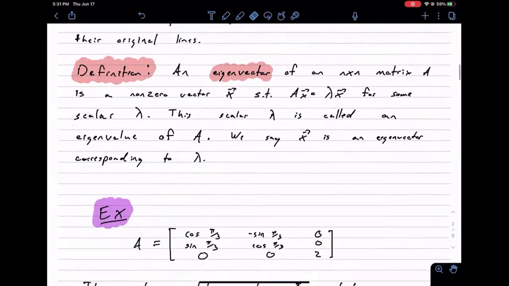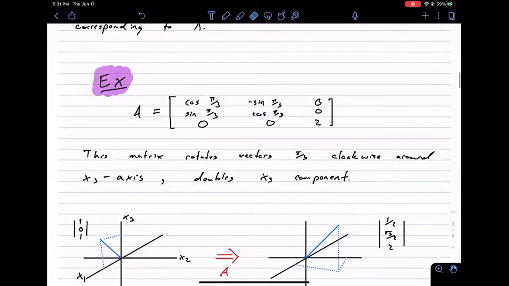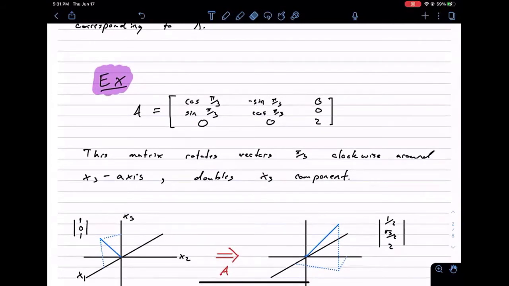So this is an example of a matrix with an eigenvalue: cosine of pi over 3, negative sine pi over 3, sine pi over 3, cosine pi over 3. We've got a little trig stuff, but think back to chapter 2, I believe, when we were writing out the matrices for a transformation.